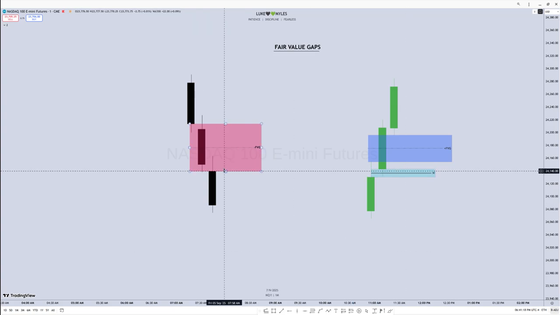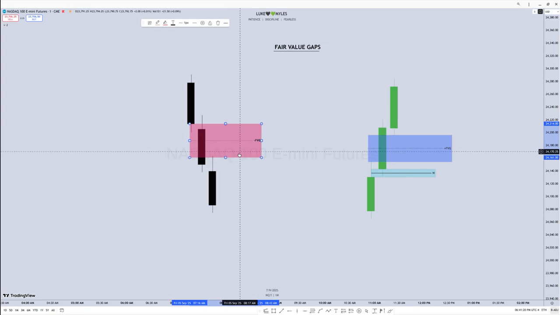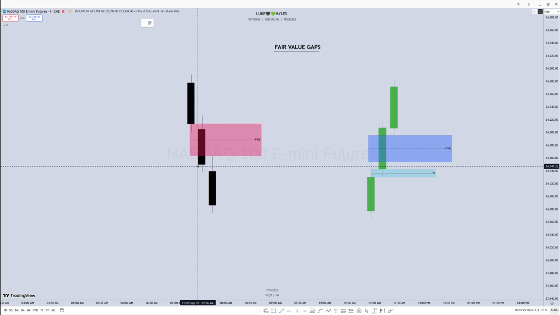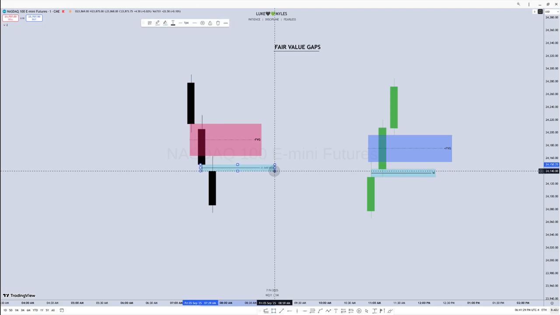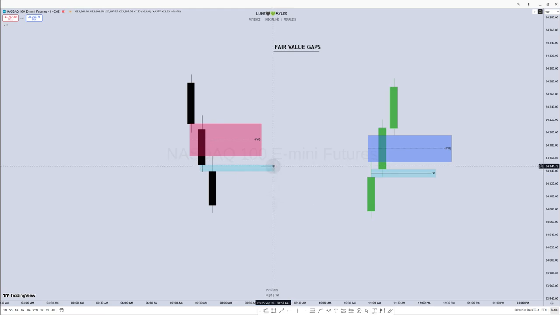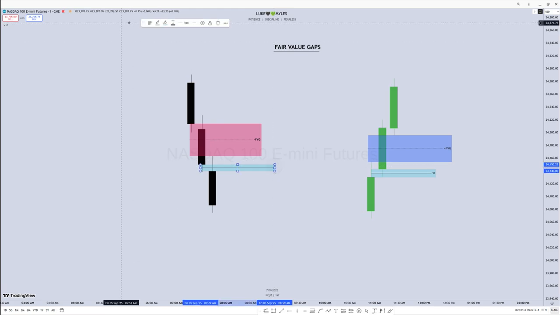Same applies to this. Same applies to the bearish example. That gives me my volume imbalance. But as I told you, volume imbalances have room for error.